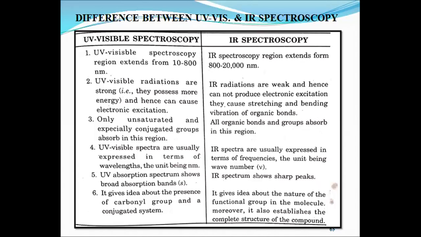The next difference is their wide use. UV visible spectroscopy has its own applications, and IR spectroscopy has its own, with their own advantages as well as limitations. The spectra we get from UV visible and IR are also different. These are the various differences between UV visible and infrared spectroscopy.